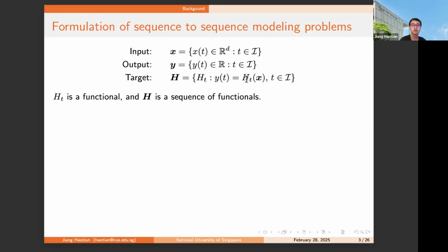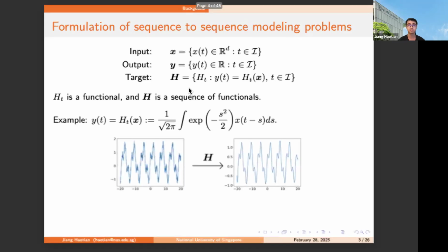The target h_t is a functional. The meaning of the definition is that the output at time t potentially depends on the entire sequence x. So the output at each individual time step we can write as a functional, and to consider the output y_t at all time steps, we write it as a sequence of functionals.